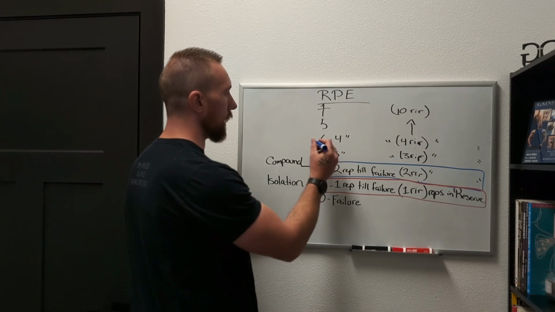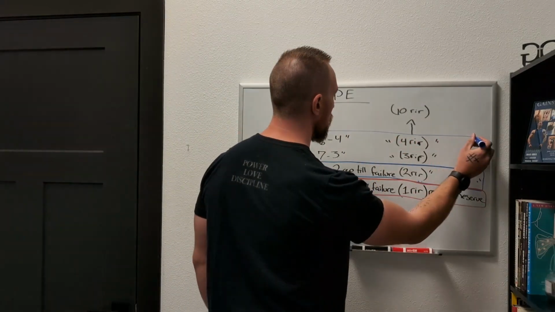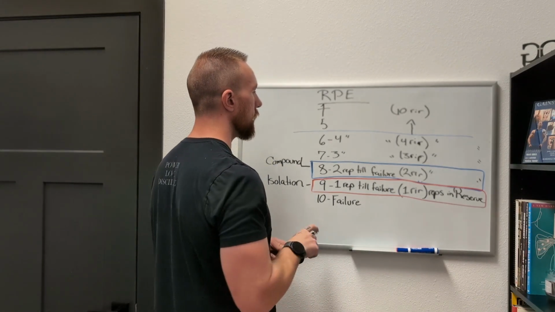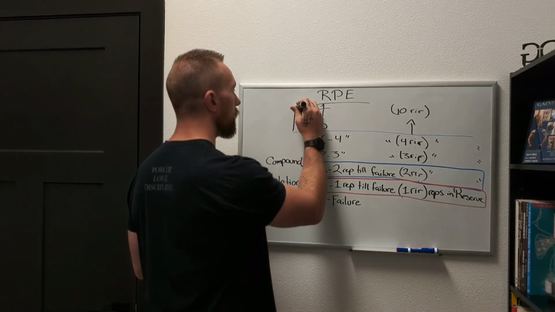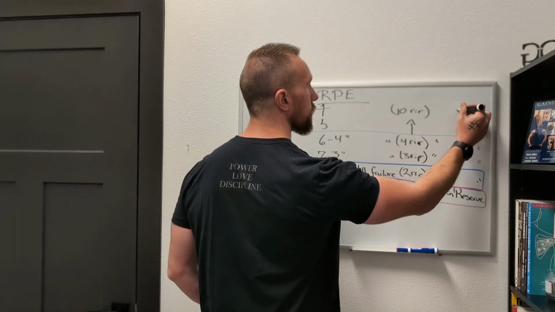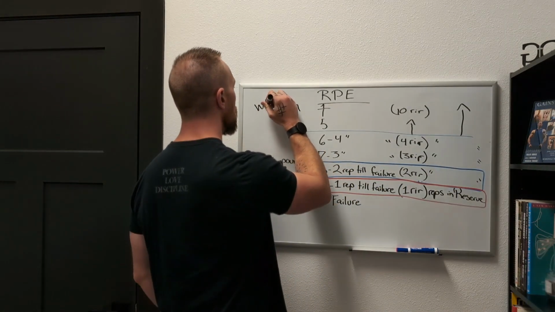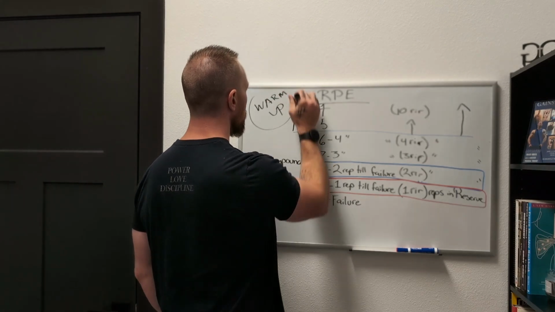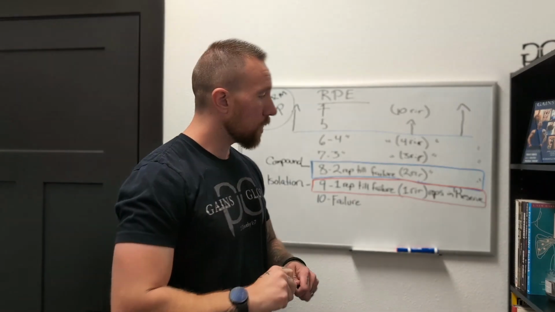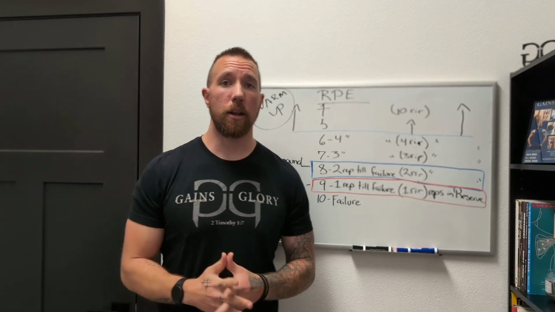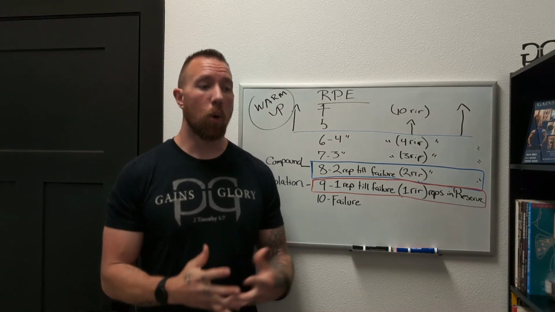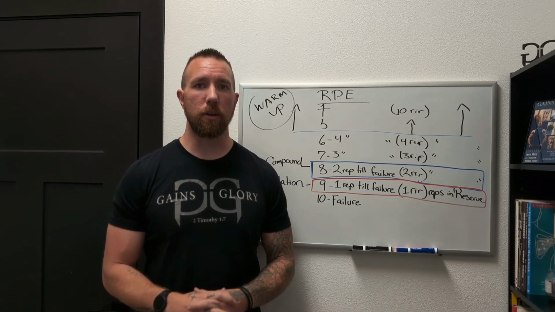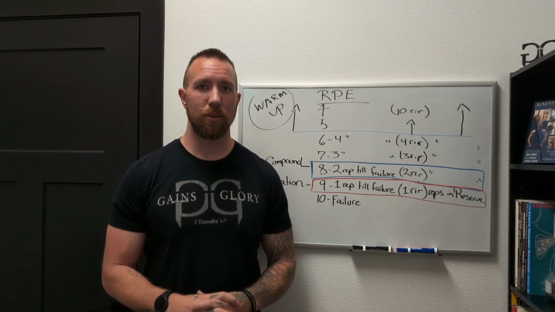And know that anything from a 5 and up this direction would be considered a warm-up. So now that you understand rate of perceived exertion, or reps in reserve, you can better identify the proper weight to use while doing your exercises.